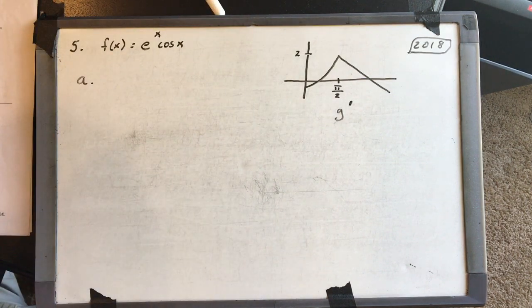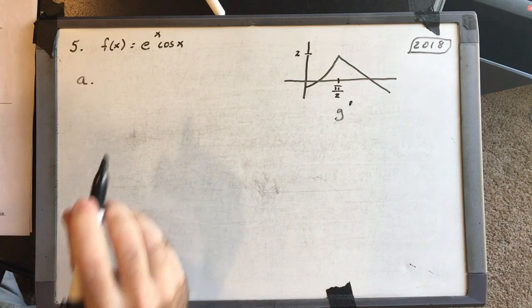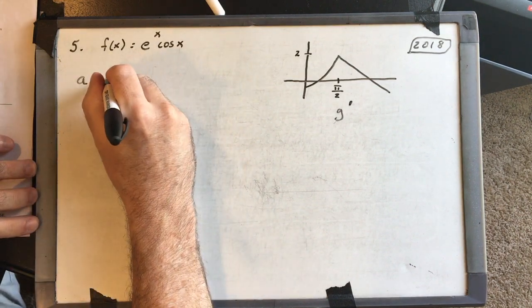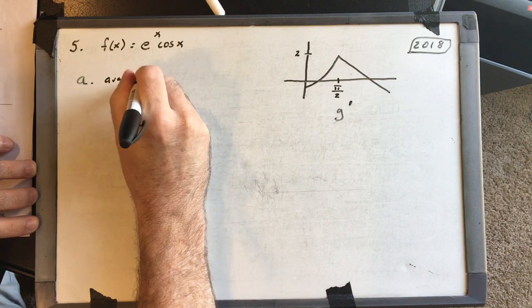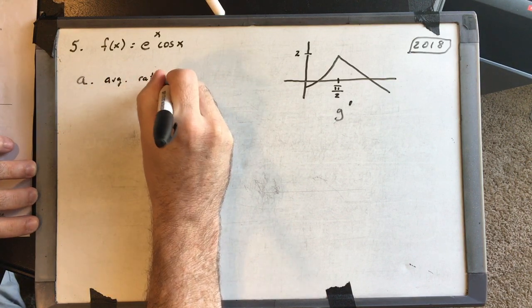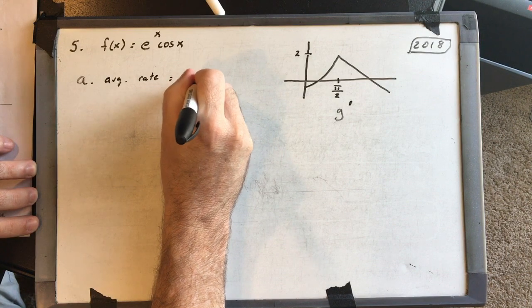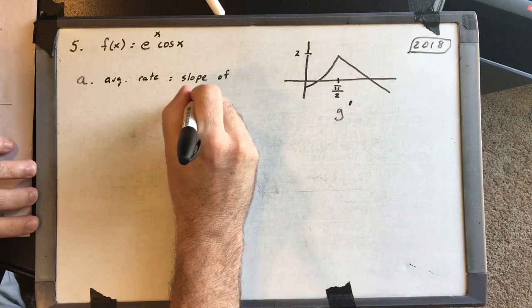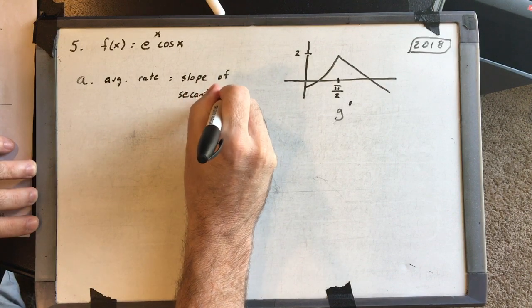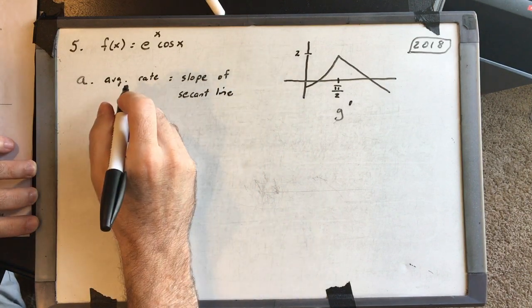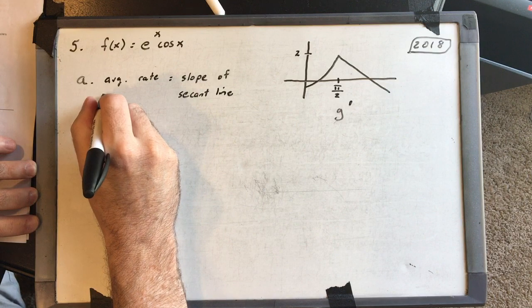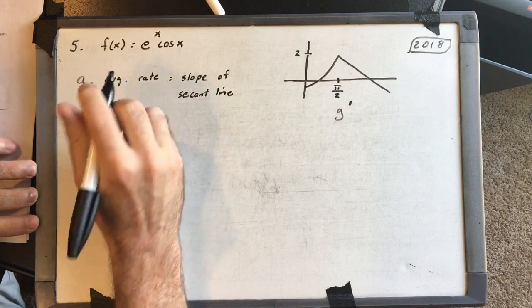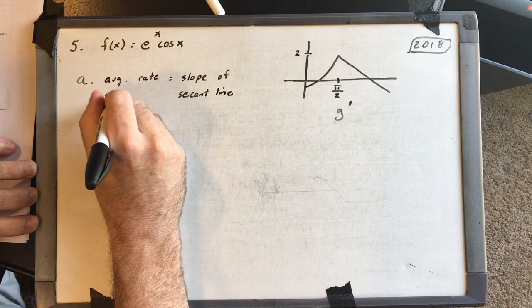All right, it says find the average rate of change on the interval 0 to pi. So the average rate of change is the slope of the secant line. So if our interval is from 0 to pi, and you've got a less than or equal sign, so you do include the endpoints.